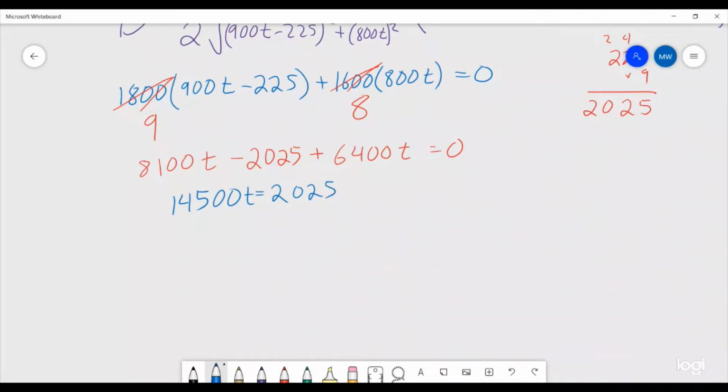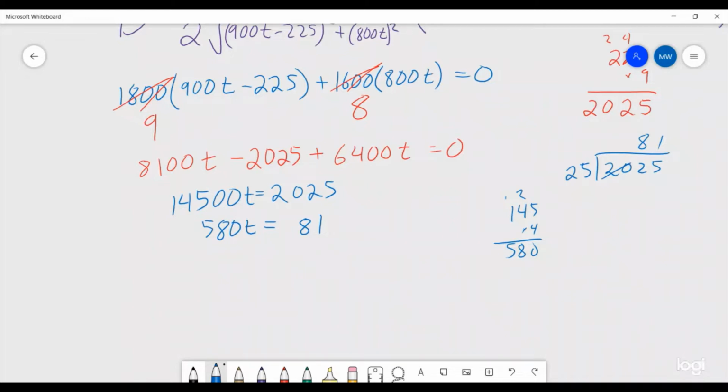Let's see, divide both sides by 25. 25 goes in 2025 81 times. Okay, so we have 81 is equal to 145 times 4, 580t equals 81.